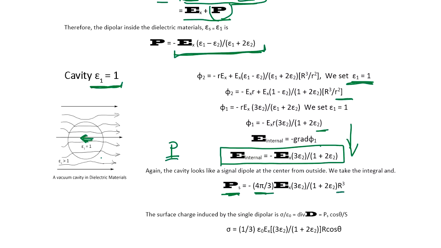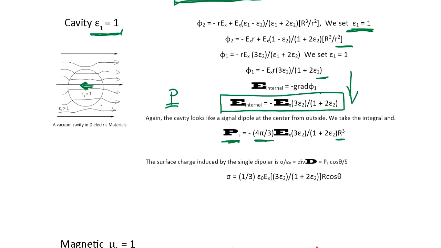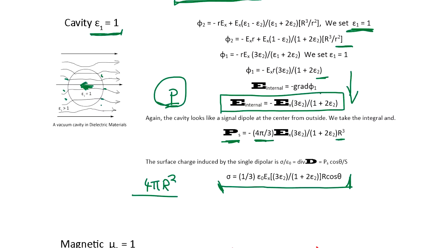We simply integrate by the volume, and using this single dipole P at the center, we can tell the charge accumulated on the surface, which is divided by 4 pi r square. So that's the answer.